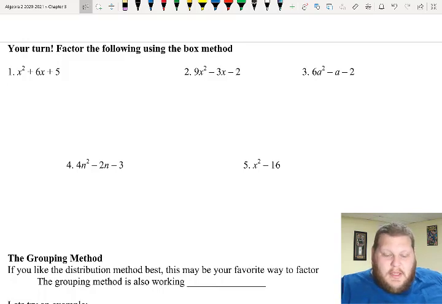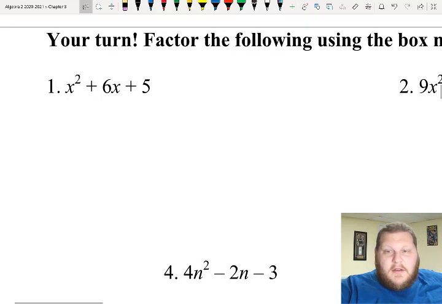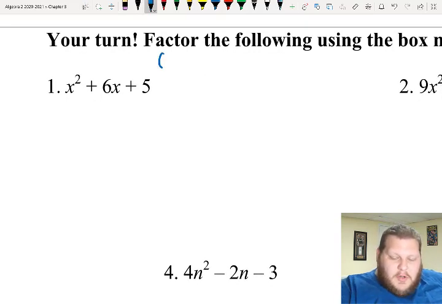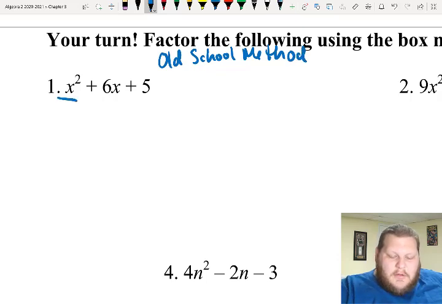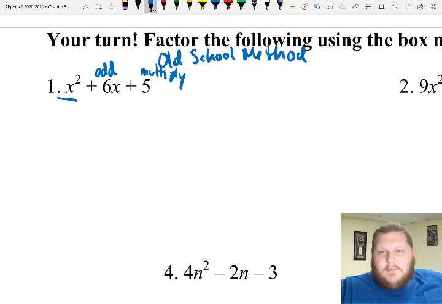as well. If we look at something like number 1, where I'm just trying to factor this out, don't forget your old school method, where if it's just an x squared, you're looking for what two numbers add up to my middle term but multiply to get my last term.